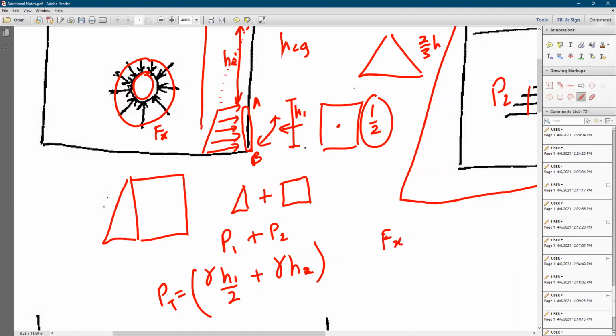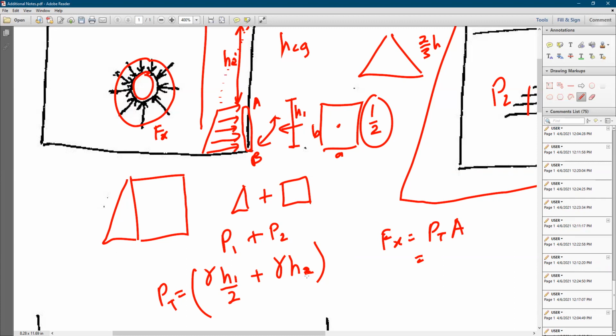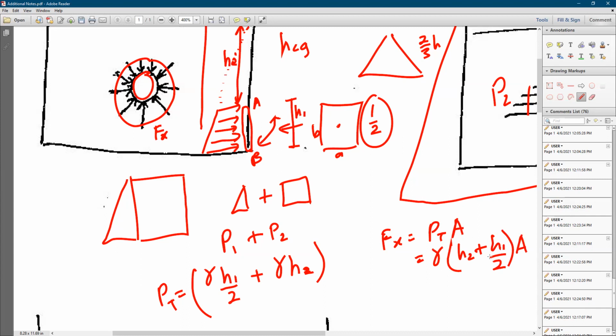So Fx is equal to P total times area. Area is basically, let's say this is A, this is B, so A times B. So PT is actually this part. Normally in the example, they put it like this: H2 plus H1 over 2, times the A. You will see something like this in the books.